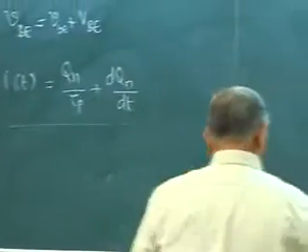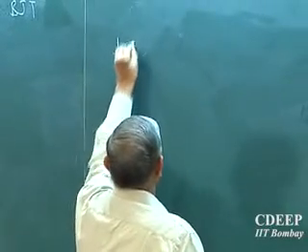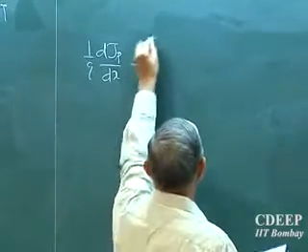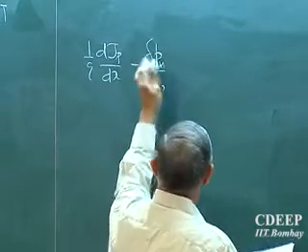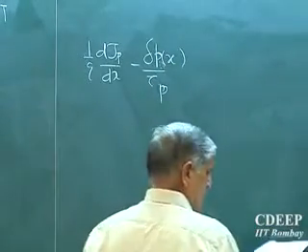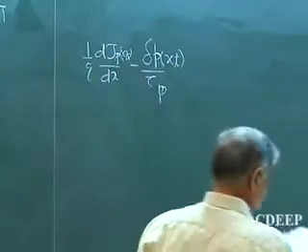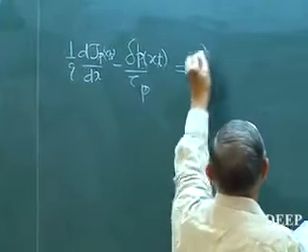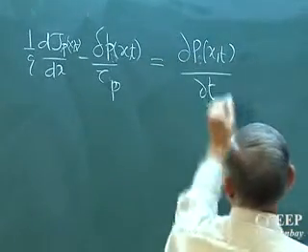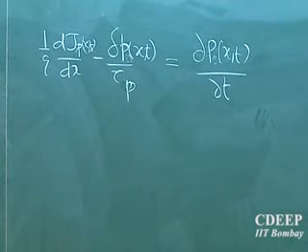So to do this, I do simply this. As all of you are aware, 1 upon q dJp by dx, let's say for any P device, minus delta p by tau, and right now I may not put anything else. Now I start writing both as a function of time and space, equal to dp(x,t) by dt. What is this equation called? Continuity equation. Okay, this is the continuity equation.